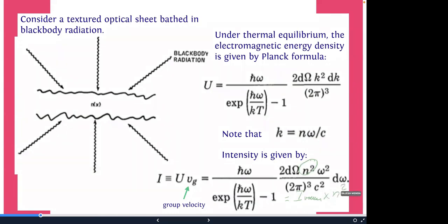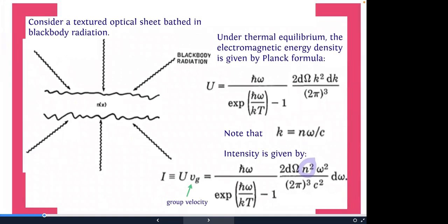This is the theoretical upper bound on the intensity that can be achieved inside this material. So let's see what that means, and why is that important? That n squared means that now you can increase the brightness of light inside a material compared to the outside by the refractive index. And that's a big term here.